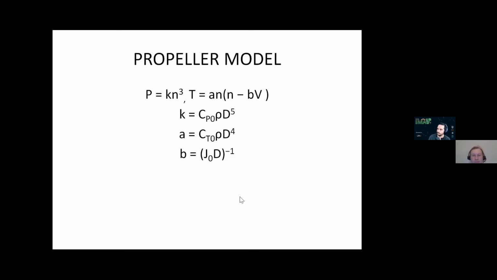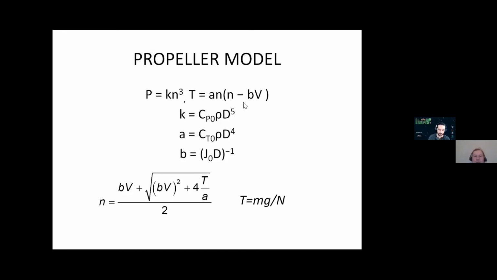If we resolve the thrust formula for the required frequency, we obtain such an equation. For our case, when the aircraft is hovering or lifting with constant velocity v, the thrust is given by this formula, where m is the total mass and n is the number of propellers.